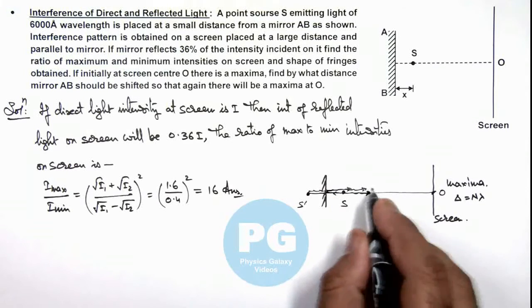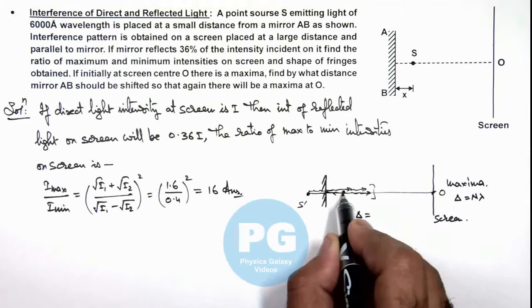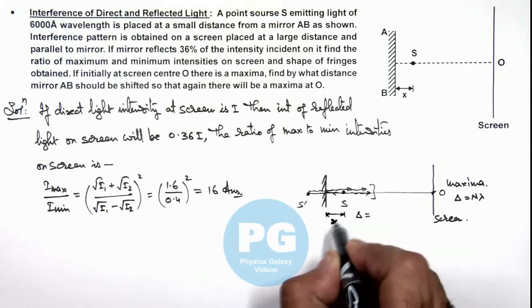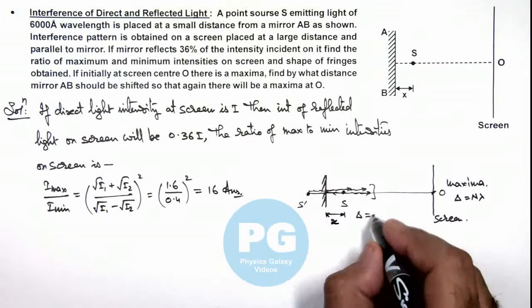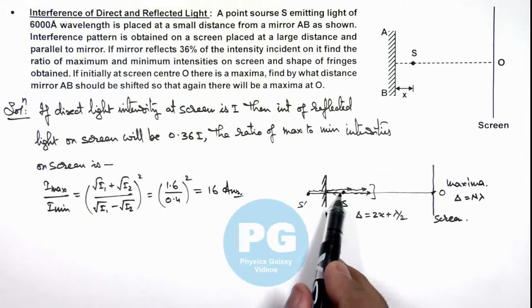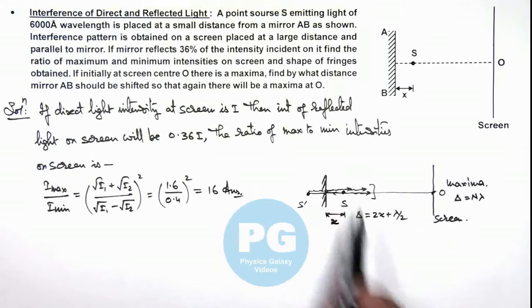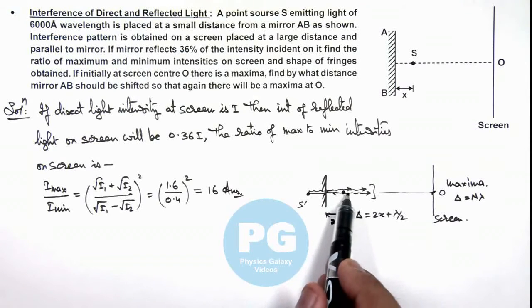So the two waves will have a path difference which can be given as: one is direct, the other travels a distance 2x as well as being reflected from the mirror. So the path difference can be written as 2x plus lambda by 2, where 2x is the physical path traveled by the reflected light, and lambda by 2 is the extra path due to reflection from the denser mirror.